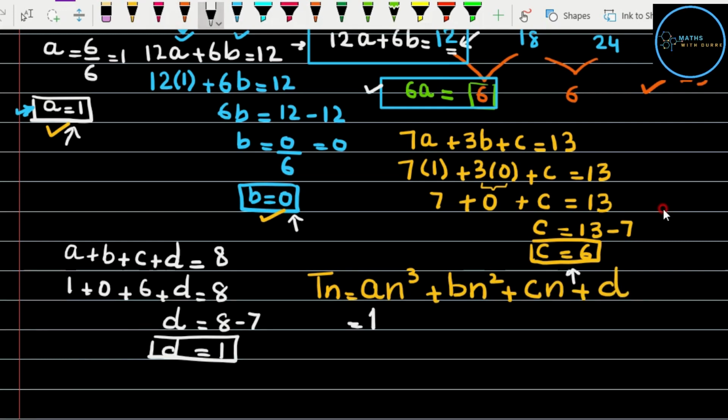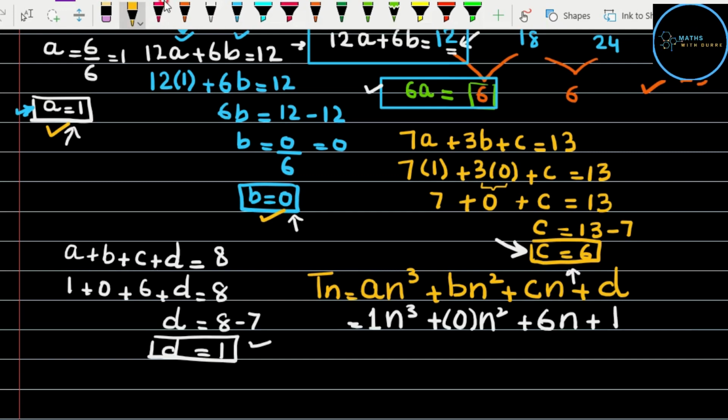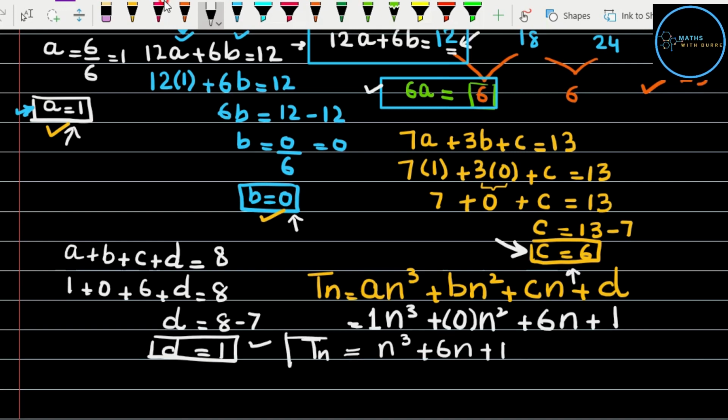A is 1 here, b is 0 here, c is 6, I will write 6 here, and d is 1, I will write 1 here. So it means n³ + 6n + 1. This is the general formula of the given sequence.